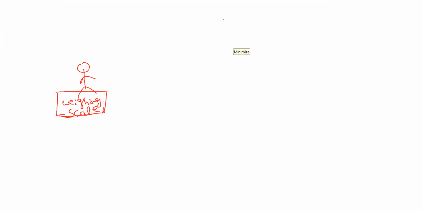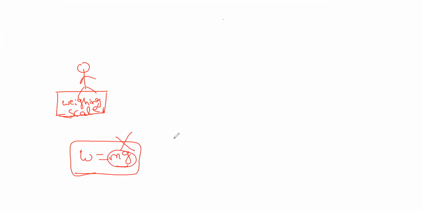So in general we think that the weighing scale measures the weight, that is mg. But the weighing scale doesn't measure this mg.